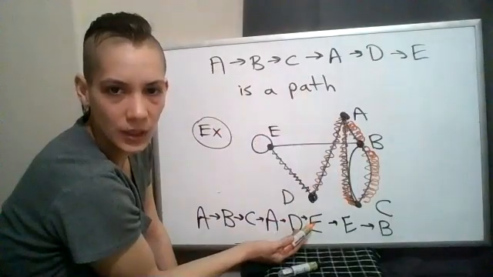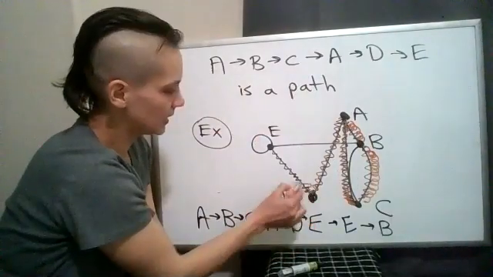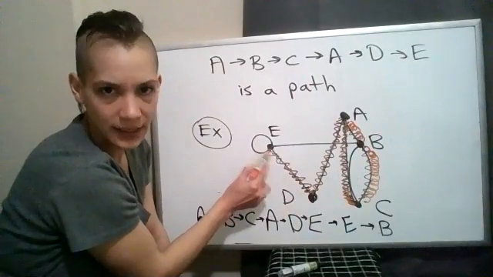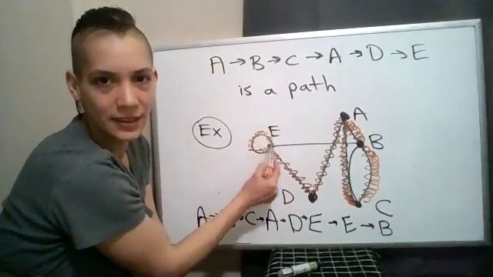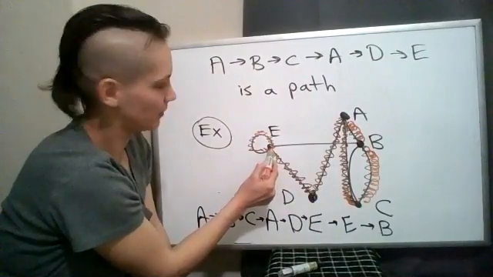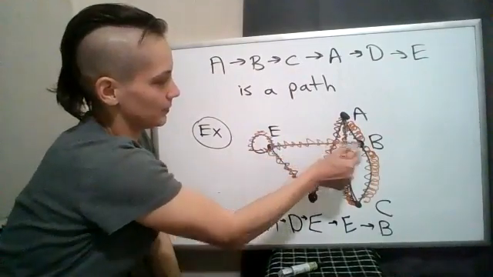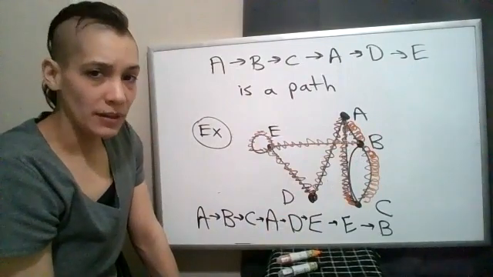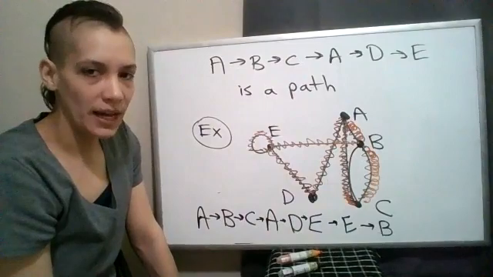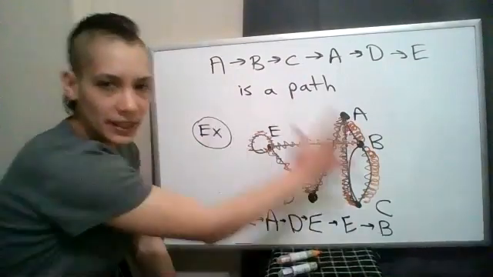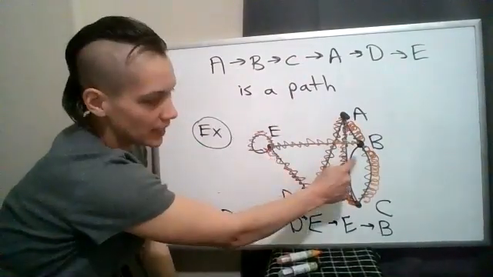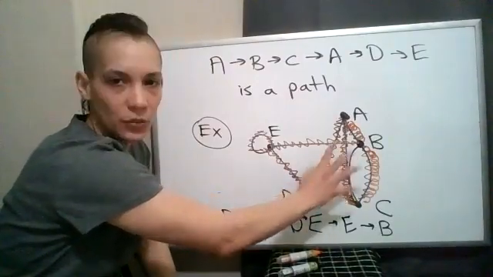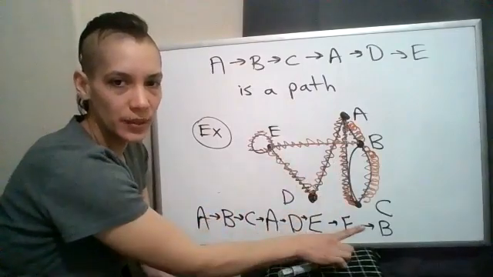We're going to go DE, and then a little extra E around the loop. E to B. I was about to say this looks like an Euler path because I felt like we used all of the edges, but we didn't use that edge right there. So it's just a path. We used each edge one time as we made this trip.